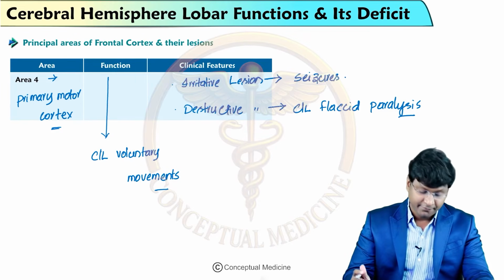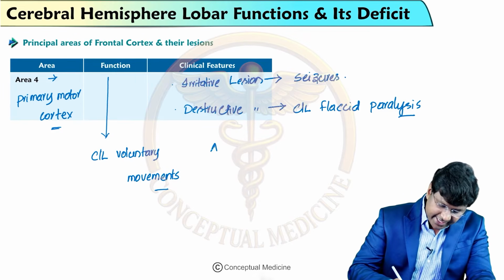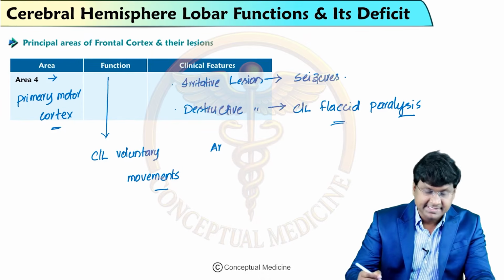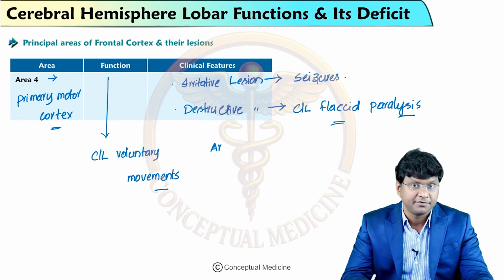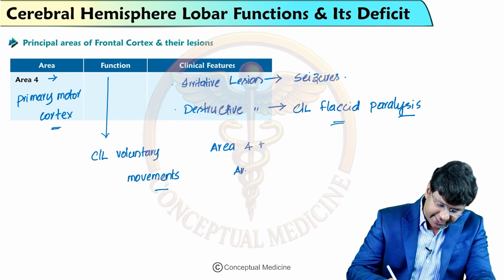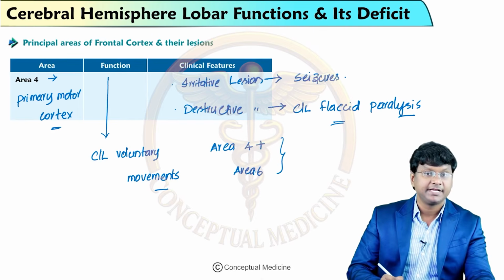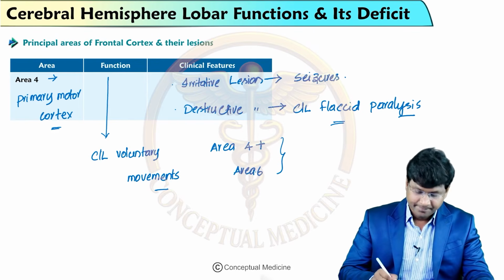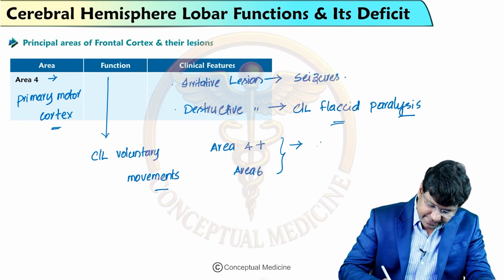See, flaccid paralysis is where you have lower motor neuron type of features, but along with area number 4, if there is also involvement of area number 6, then the individual will develop spasticity.